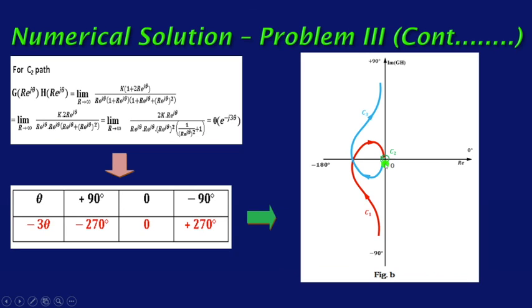This is the finishing point. The positive angle is increased, which means the anti-clockwise direction. Then the end of the C2 path and the starting of the C3 path is the same point. Draw the C3 path. This is the mirror image of the C1 path.